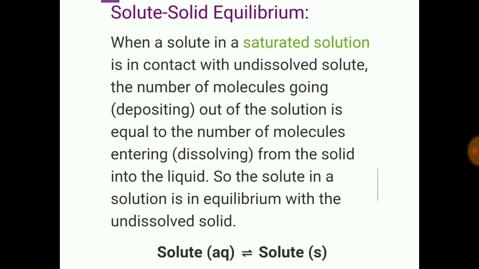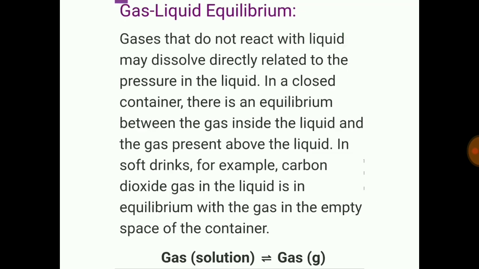So the solute in a solution is in equilibrium with the undissolved solute. This is solid-solute equilibrium.